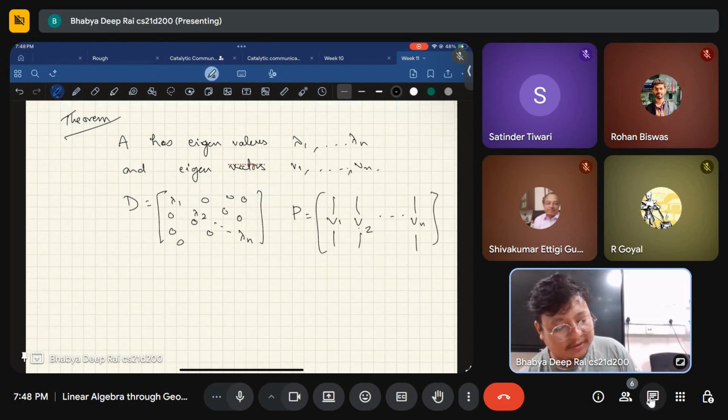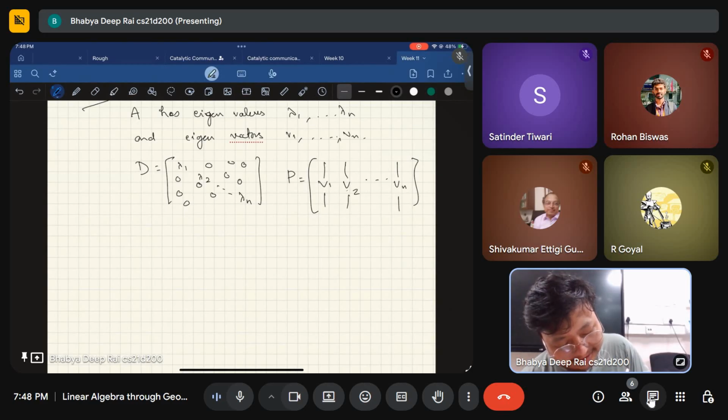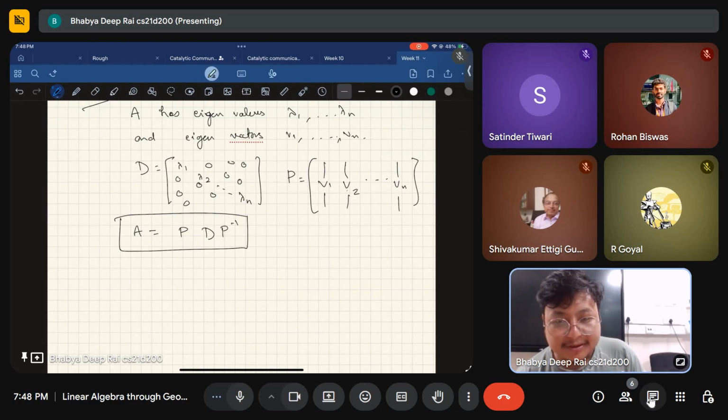So far this is what we have, and what I'm saying is then A should be equal to P D P inverse. Great, we have a way to get this, but the issue is, is this always guaranteed?